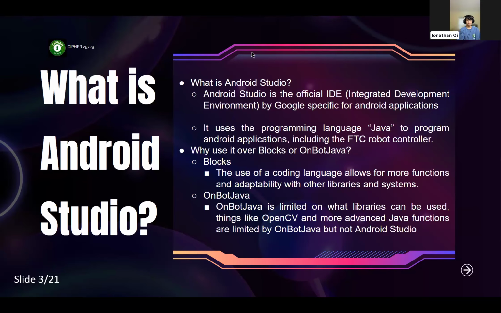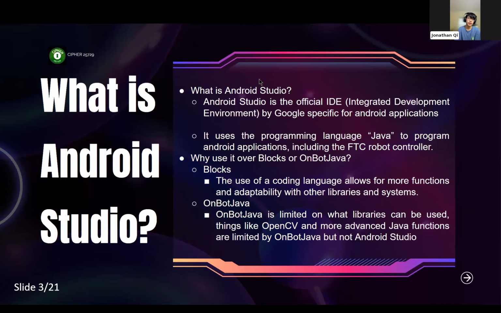It's better than Blocks because Blocks is very limited by what they can do with libraries and other more advanced code blocks. And OnBotJava is also worse than Android Studio because of the lack of libraries such as OpenCV and Java Array, Java Math.